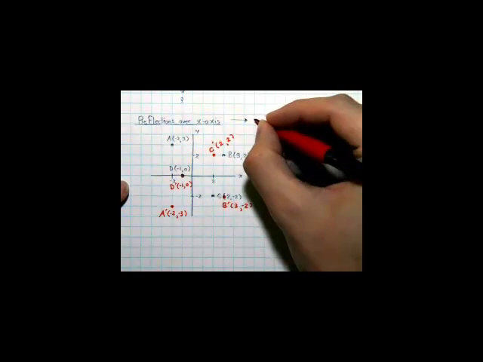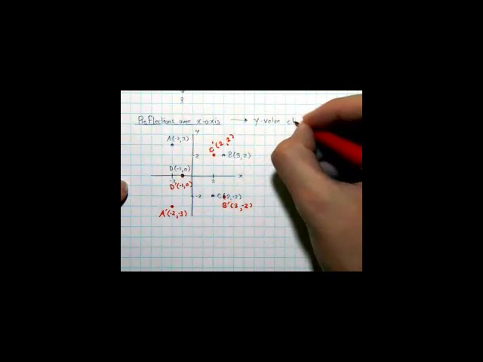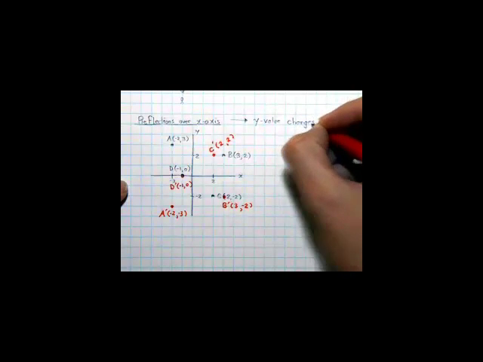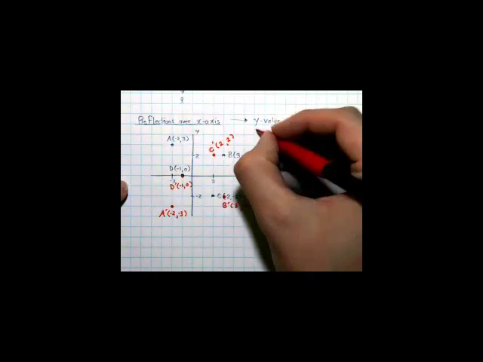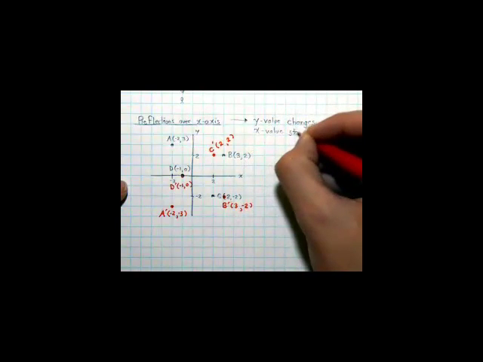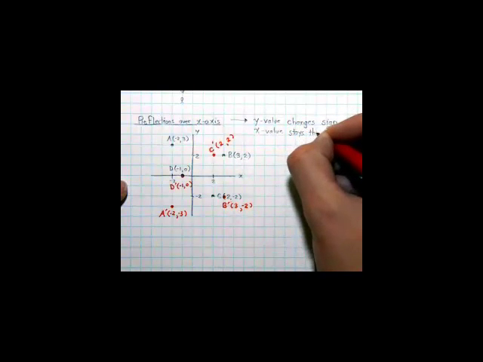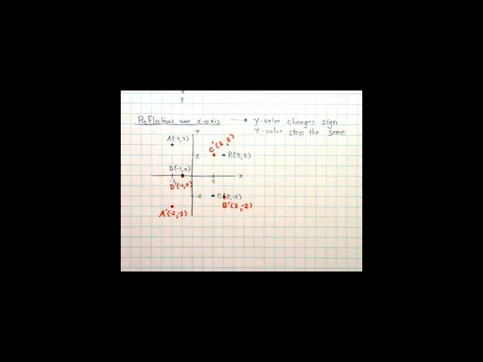The y value changes sign, and the x value stays the same. So that's a reflection over the x-axis.